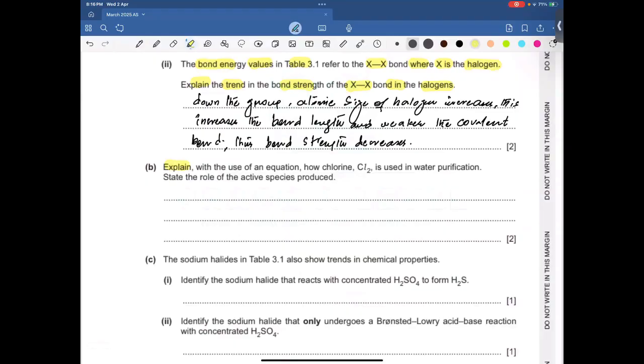Explain with the use of an equation how chlorine is used in water purification. State the role of the active species produced. That's easy. We have discussed this in states of matter. If you remember, water and chlorine react together disproportionately, converting into HCl and chloric(I) acid, which has the formula HClO.